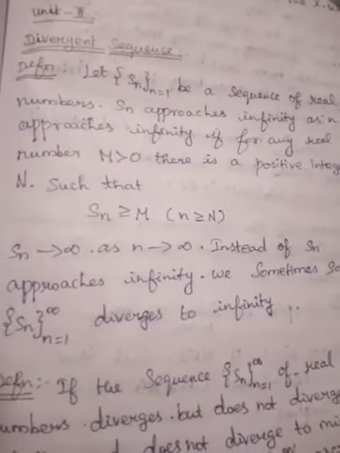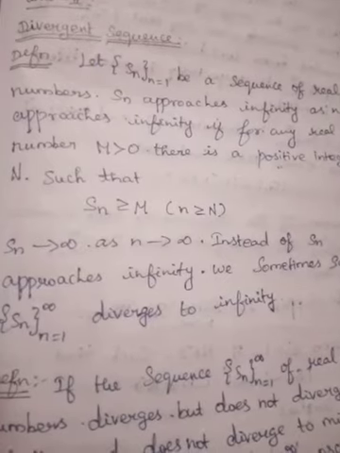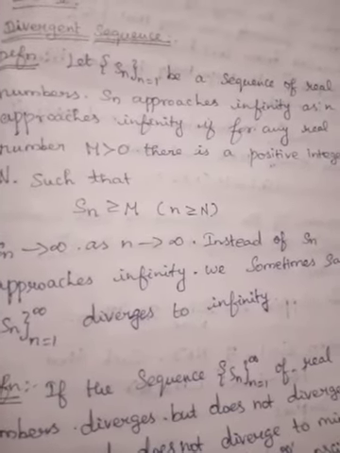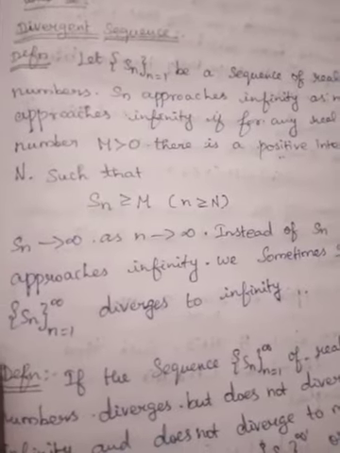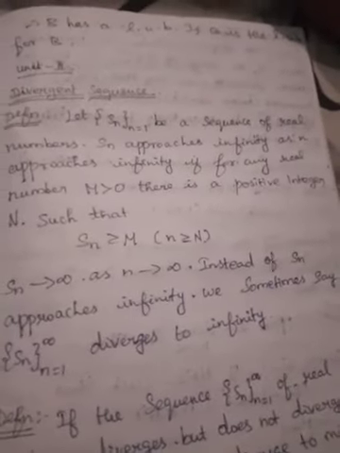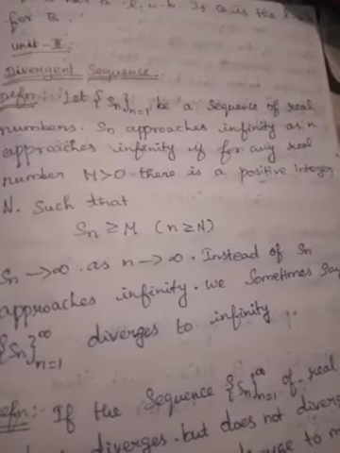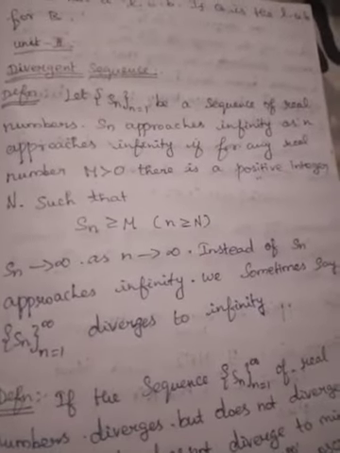Sn approaches infinity as n approaches infinity if for any real number M greater than 0 there is a positive integer N such that Sn is greater than or equal to M for n greater than or equal to N. Sn tends to infinity as n tends to infinity.